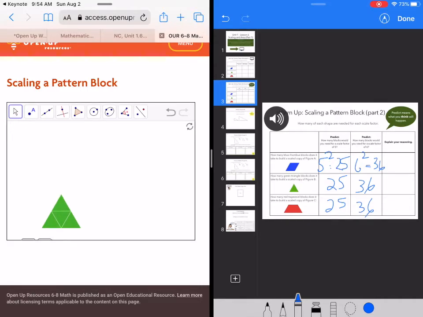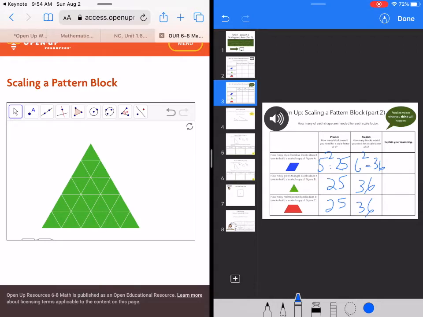That was a base of 2 and a height of 2, so that's 4 blocks. A base of 3 and a height of 3, that's 9 blocks. A base of 4 and a height of 4, that's 16 blocks. That's 25 blocks. So it's working the same way.